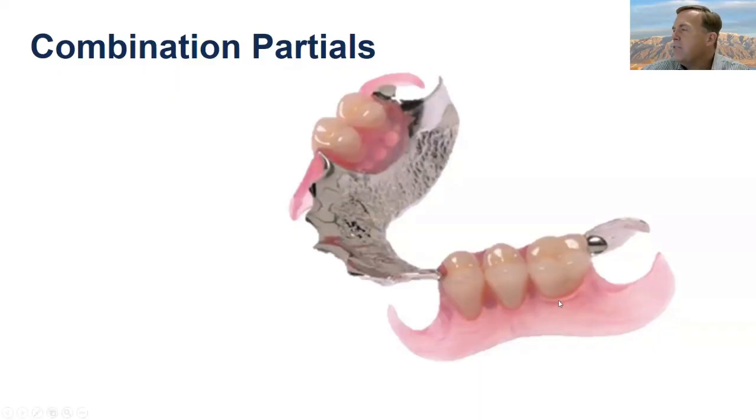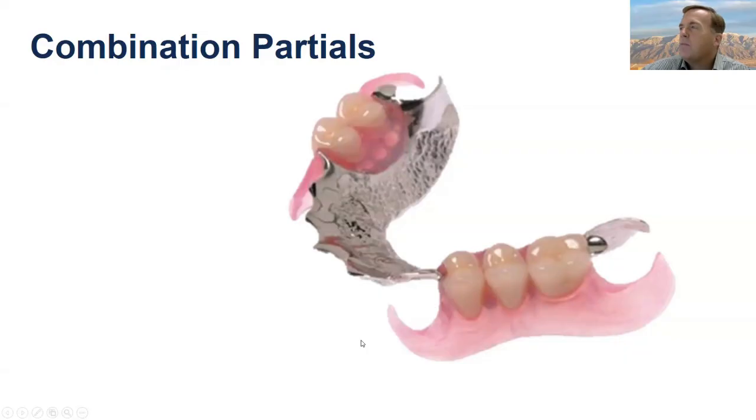One drawback to this is that you can't really try the clasps until the case is processed. So there's not really a try-in step where you can try in the clasp as you can with other materials. And again, the pink part of this can't be repaired. So all the caveats with the previous material apply, but these can be a really nice solution.